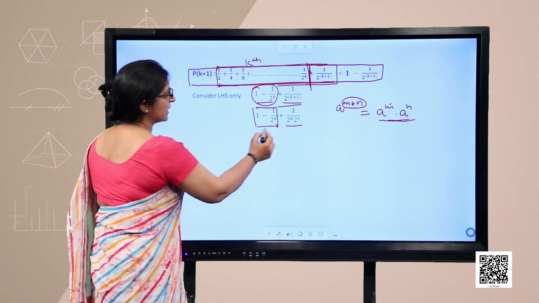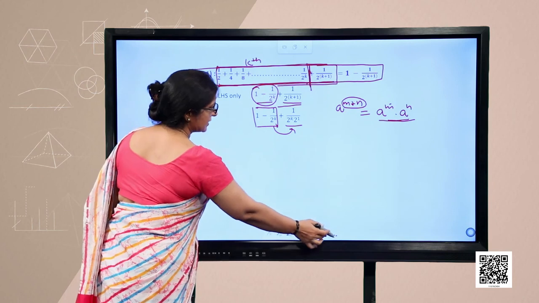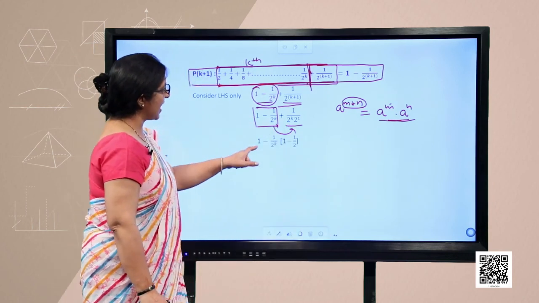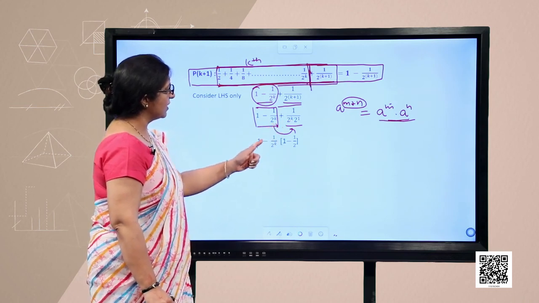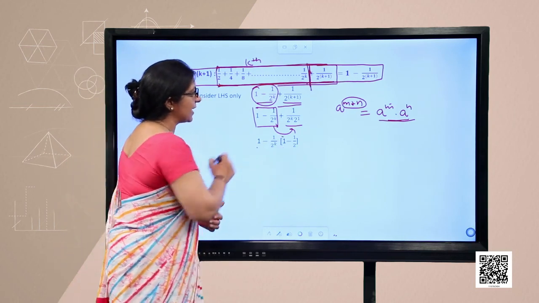Now, what you see in these two terms is that 1 upon 2 to power k is common. Therefore, keeping 1 as it is, from these two terms we have taken 1 upon 2 power k with negative sign outside. What is left inside the bracket?